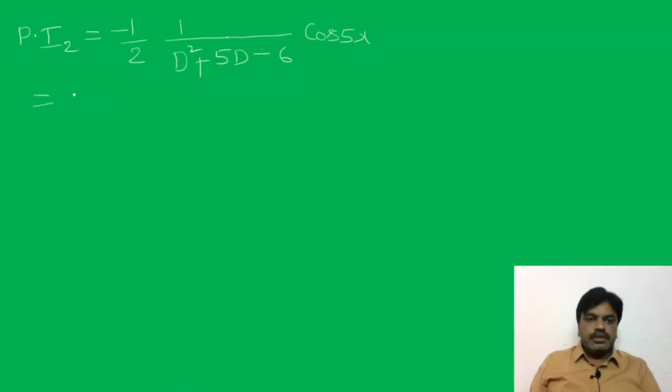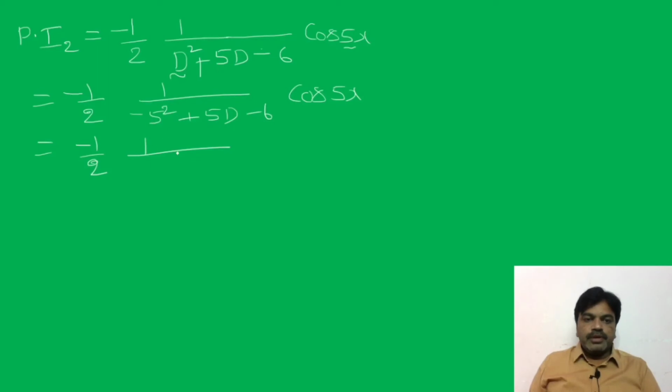So that is equal to minus 1 by 2 into, replace d square by minus 5 square, 1 by minus 5 square plus 5d minus 6 into cos 5x. That is equal to minus 1 by 2 into 1 by 5d plus, minus 5 square means minus 25, minus 25 minus 6 is minus 31.